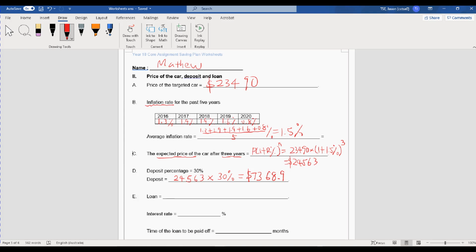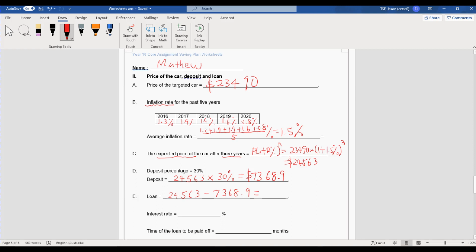Okay, so how about the loan? The loan would be the rest of the money you apply for. You might pay more because you have more money in your account, but for the sake of modeling, we just do the loan by using the price of the car to take away the amount of deposit.